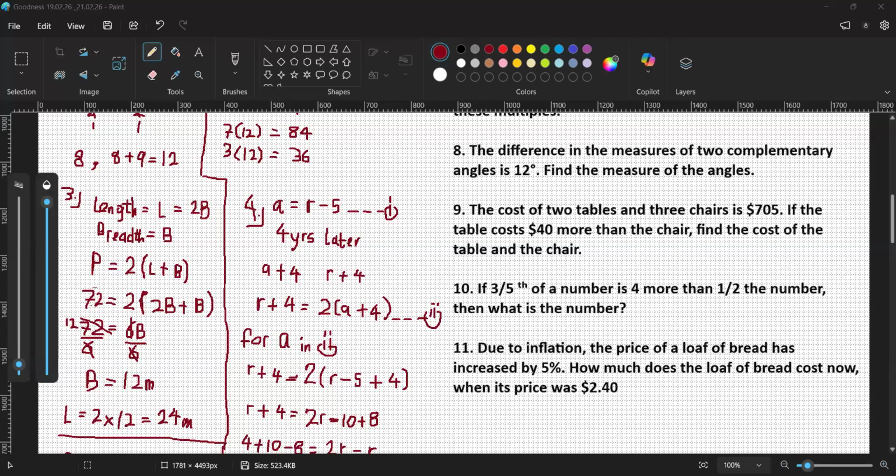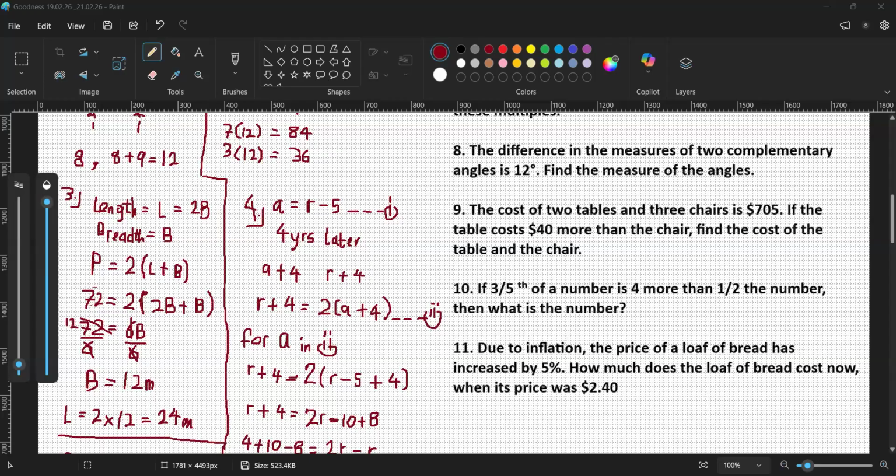So when it comes to angles, we know angles that add up to give you 90 and angles that add up to give you 180.